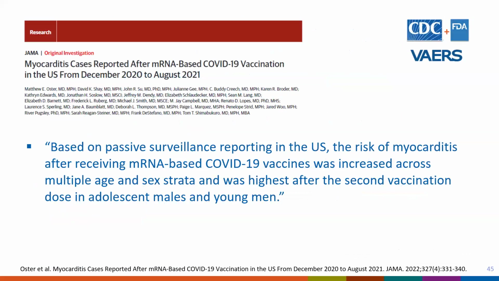And so the VAERS data, in contrast to the VSD, these were done concurrently. We were doing rapid cycle analysis, and VAERS, of course, was collecting reports. And in contrast to the VSD, VAERS did see a signal for myocarditis. This paper came out and concluded that there does appear to be an increased risk, and it appears to be coming after the second COVID dose in adolescent males and young men.